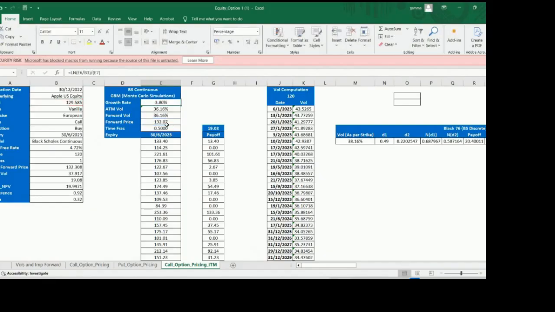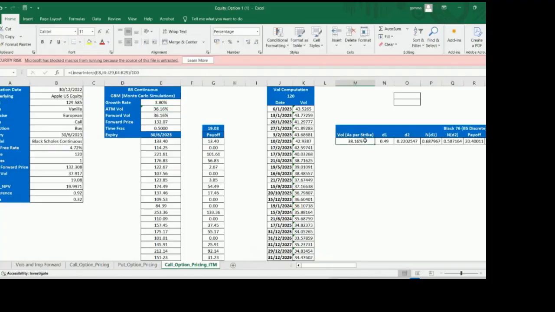We know the vol is forward vol, okay. So whenever we are doing simulation, we got to use ATM vols because the average of the stock price simulation should be equal to the market implied forward, which you actually observe in the market. So ATM vol is 36.16.